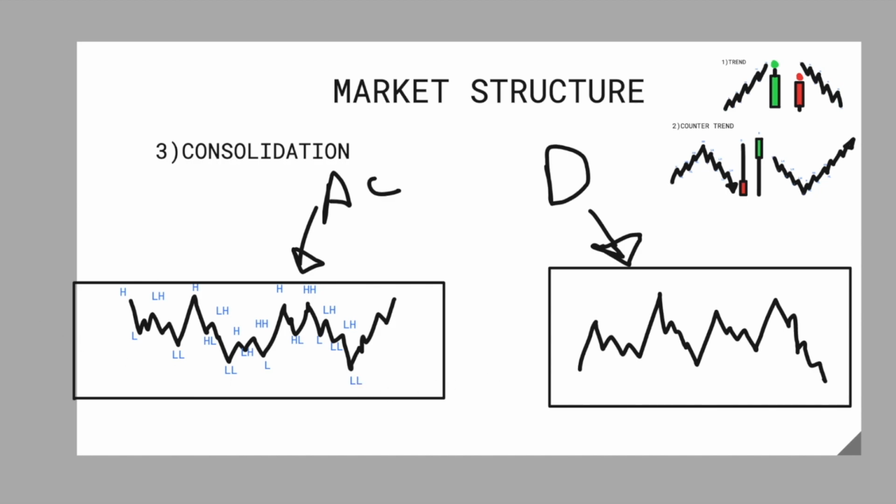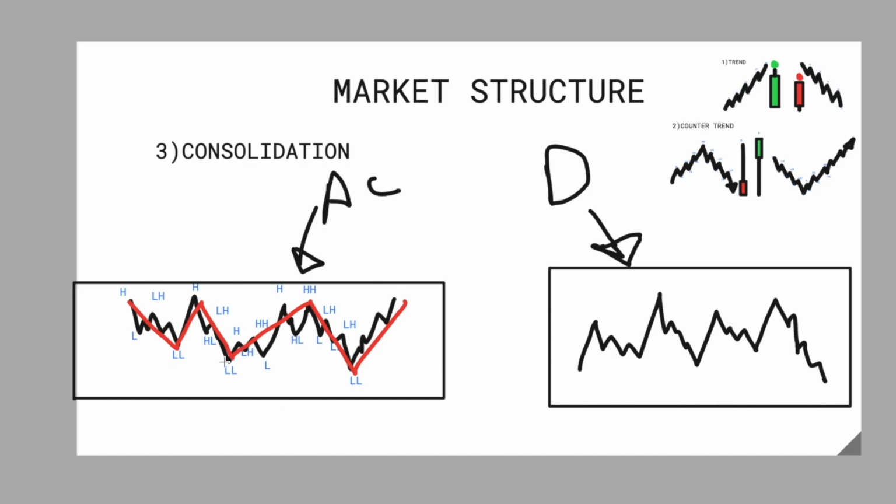So on a high time frame, maybe you can see something like this. Something like this. Okay, wait, color hasn't changed. Something like this, this, this, this, and this. But in all fairness, it's just ranging.